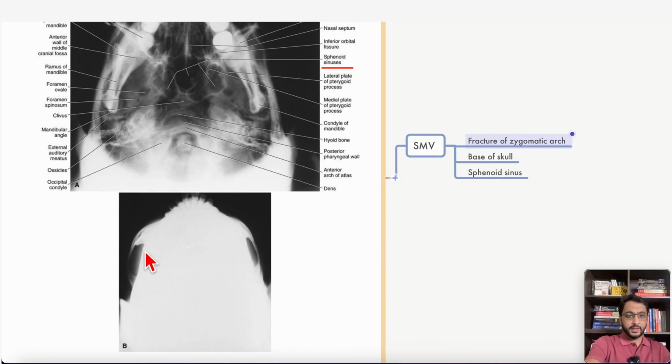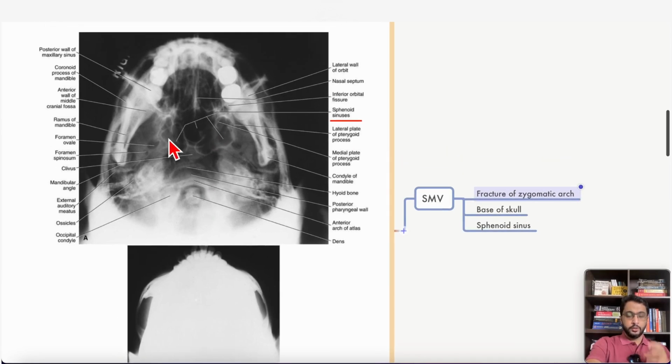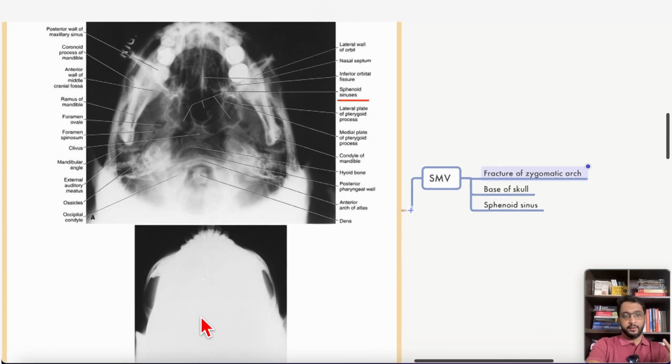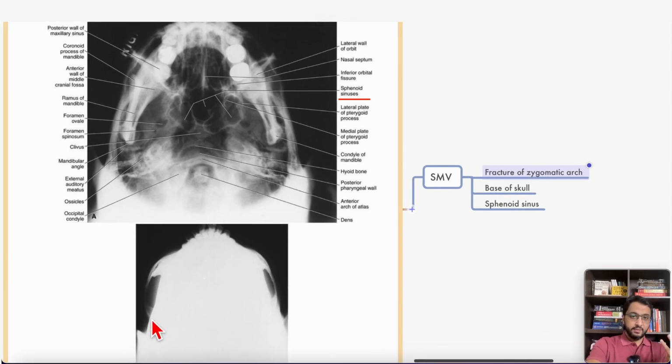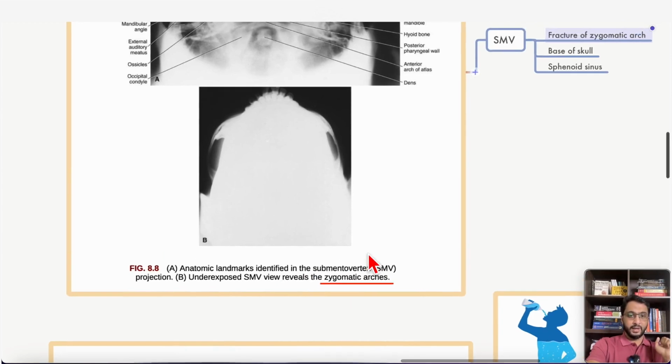In this view, you decrease the exposure of the submental vertex view by one third. You get the jug handle view, where you can very clearly visualize your zygomatic arch. So the underexposed SMV is the jug handle view, which reveals the zygomatic arches better.